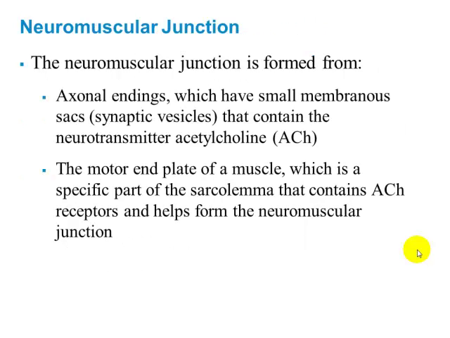The neuromuscular junction is where an electrical signal coming from a neuron is going to be changed into a chemical signal. That chemical signal is going to cross over a space, and then it's going to induce another electrical signal in the muscle cell.